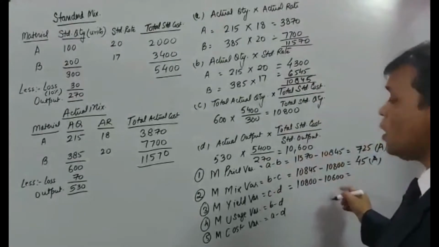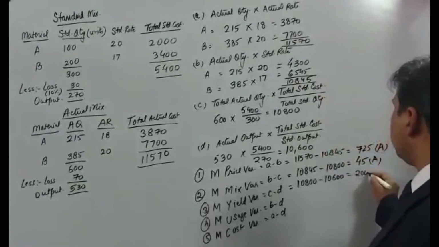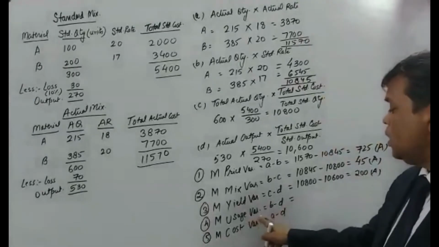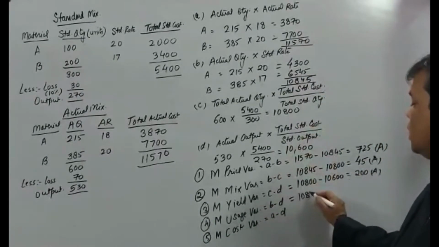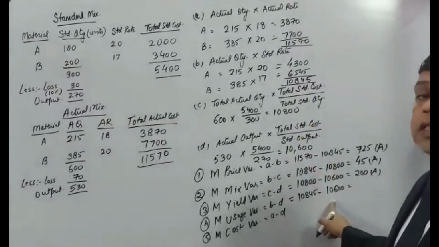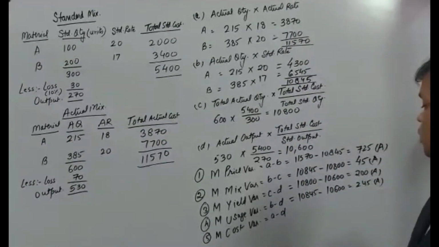So again the answer is 200 positive, which means 200 adverse. Then material usage variance, this is B minus D, 10,845 minus 10,600, which is 245 plus, it means 245 adverse.